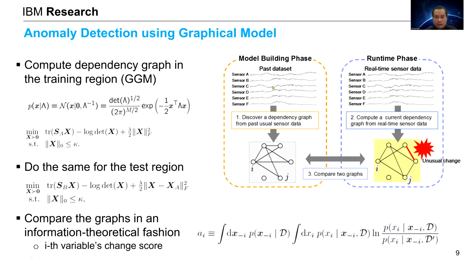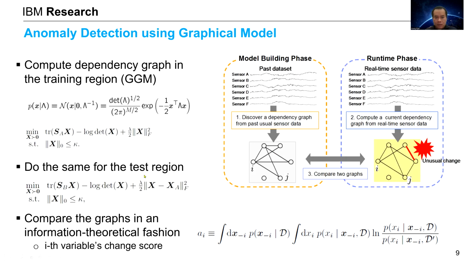And here, for the training data, we use the elastic model with the L0 norm to learn the dependency graph. Here we get this graph. In the testing phase, we slightly modify the model. For that, we transfer some graph structure from the training data to the testing phase, because we assume that the graph structure has some changes, but not significant.